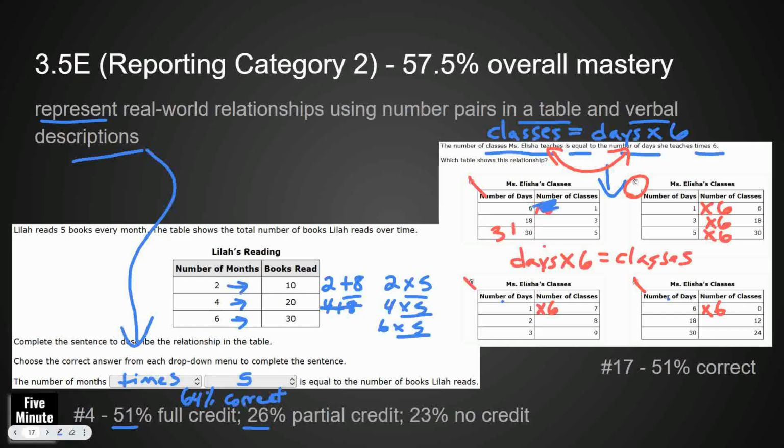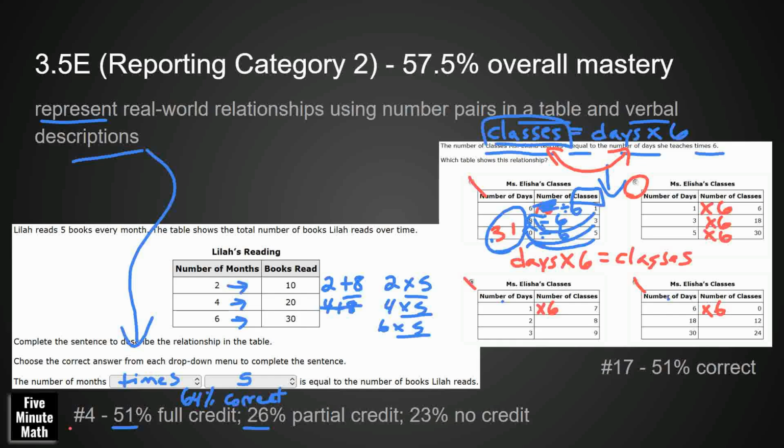So let's get rid of this. This is actually divide by 6, divide by 6, divide by 6. And most likely what happened here is that they didn't flip those, and they were looking from right to left, because 5 times 6 makes 30, 3 times 6 makes 18, 1 times 6 makes 6, but they weren't keeping up with the classes. Should have been on the other side.